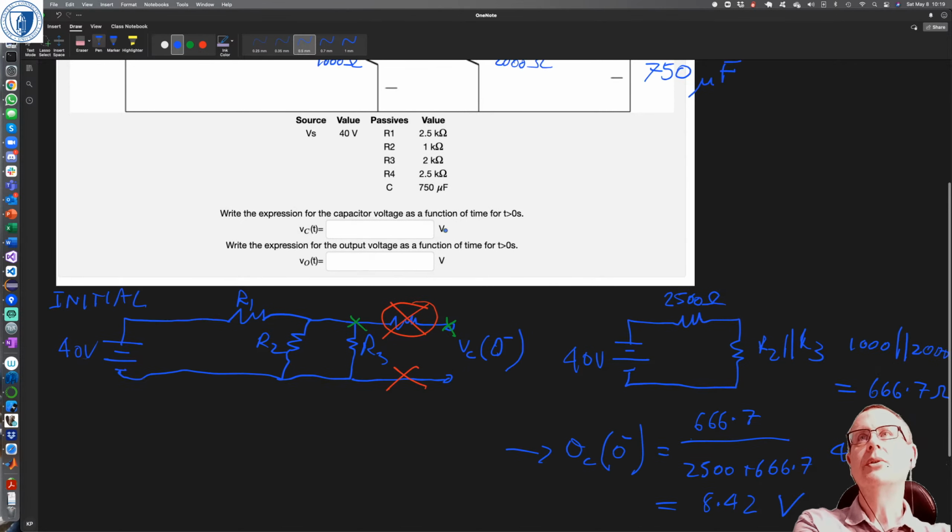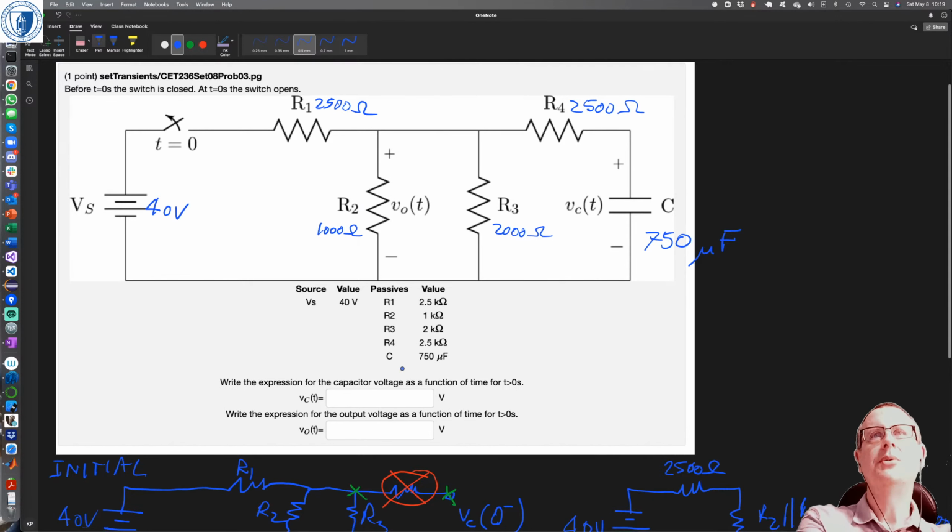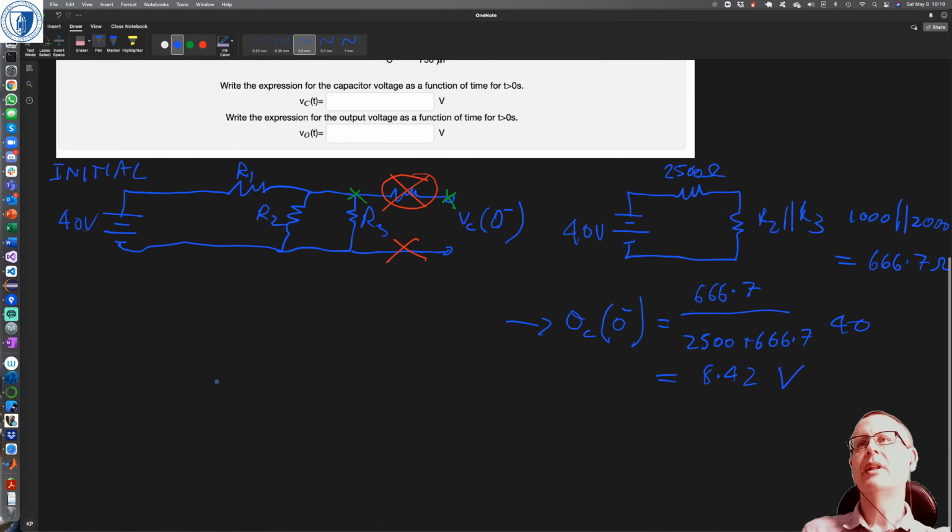And that's the initial circuit. The final circuit is with the switch open, and again, because that switch is open, no current is going to be flowing through R1, so we're just left with those 3 resistors, right?